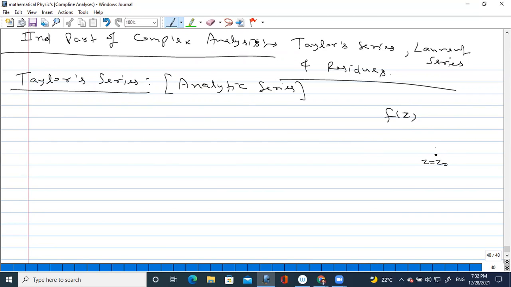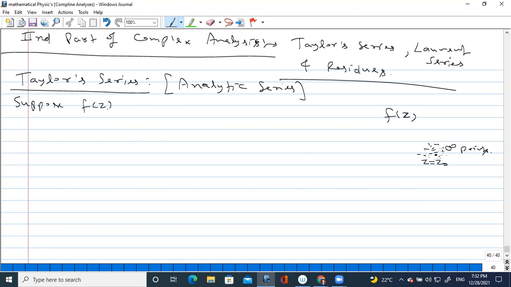So about this point, infinite number of points will be there around this. So for that, what is the value of the function for all different points? These are infinite points. So what is the value of f(z)? That will make a series, and that series is known as Taylor series.